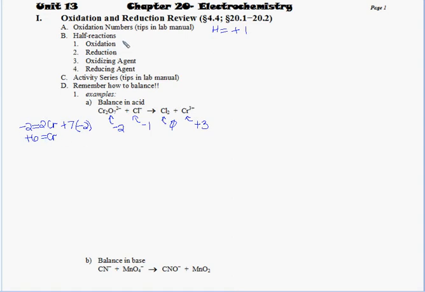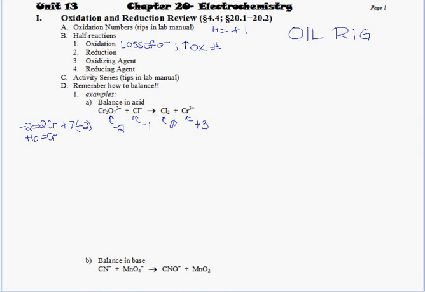If you remember, oxidation is the loss of electrons. That means that you are in fact going to see the oxidation number increase. And you can either remember these by thinking about OIL RIG, which of course would be oxidation is loss and reduction is gain.